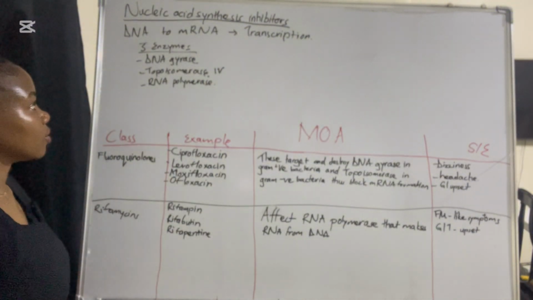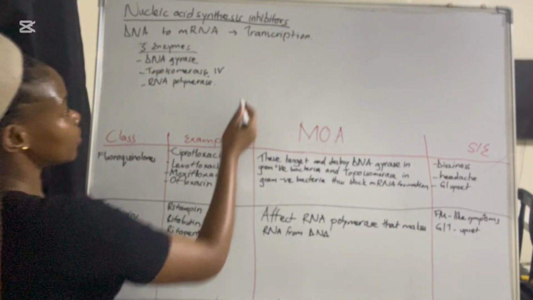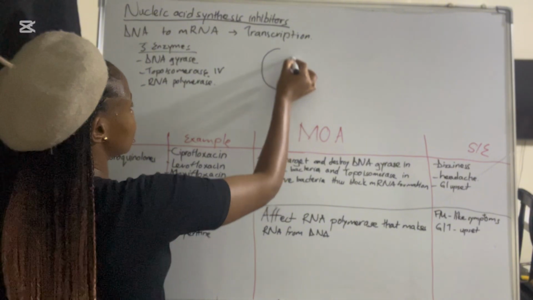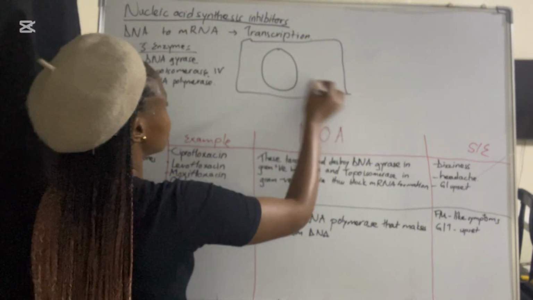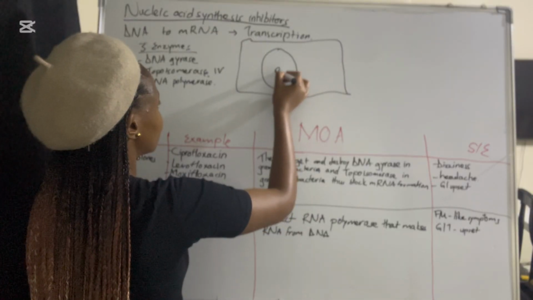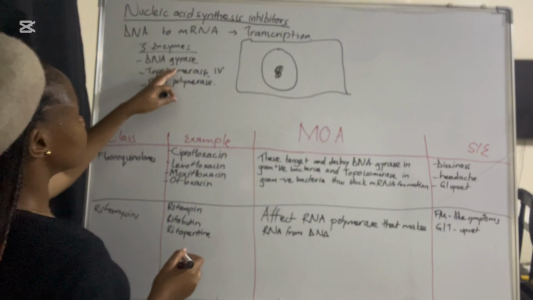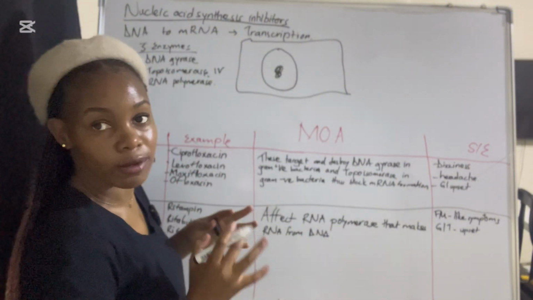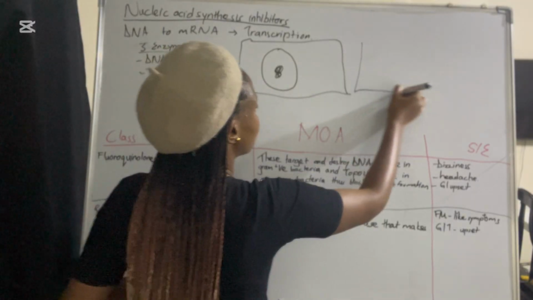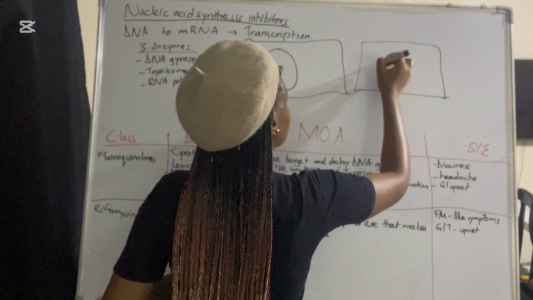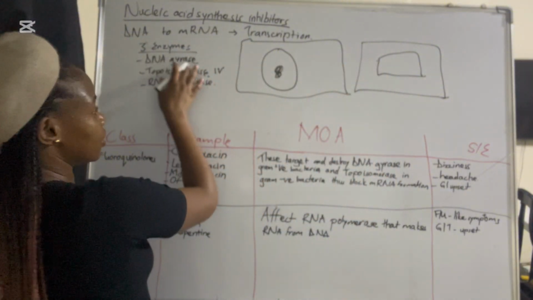Okay, so what is the role of each of these three enzymes? Within the nucleus, before moving out to the cytoplasm, we have our genetic material. This genetic material is unwound by DNA gyrase.